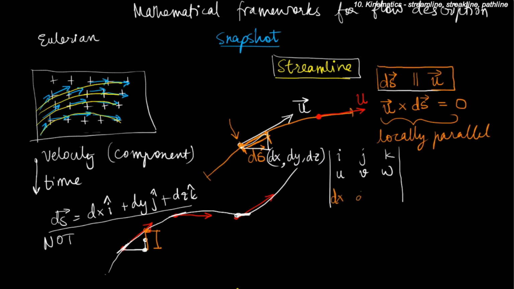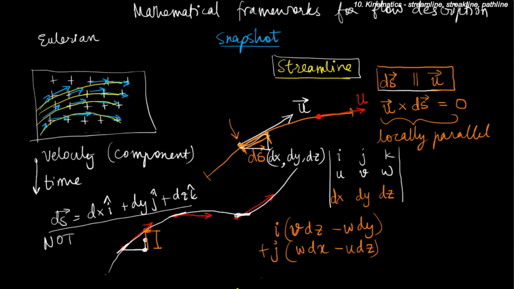So let us proceed with the cross product. The i component is v dz minus w dy. The j component is going to be w dx minus u dz, and the k component is going to be u dy minus v dx.